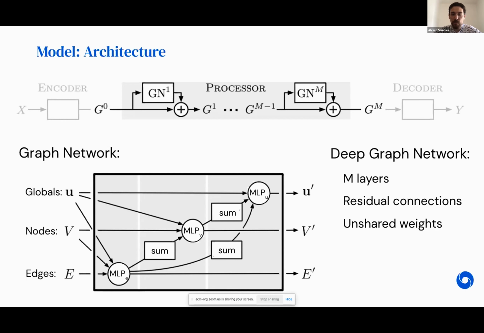And then finally, all nodes and edges are pooled, also with a summation, and used to update the globals with a third MLP. And then the actual processor consists of a sequence of identical graph networks, but each with their own weights, connected with residual connections to enable gradient propagation. And as you can see, the core of the model is conceptually quite simple.